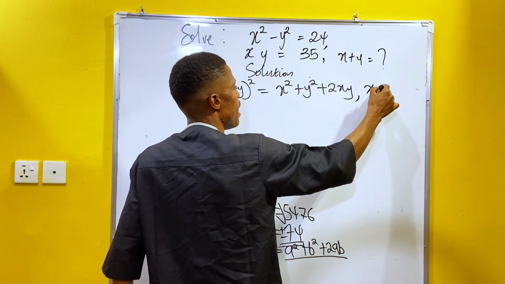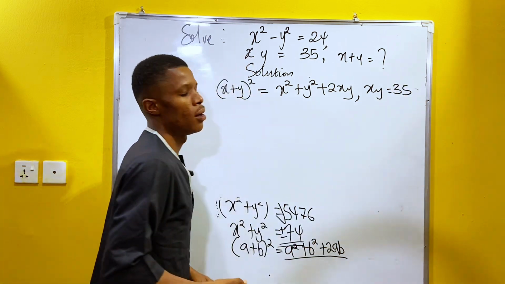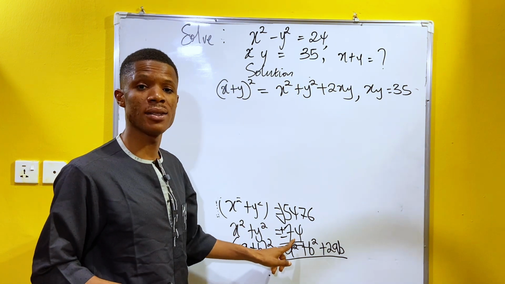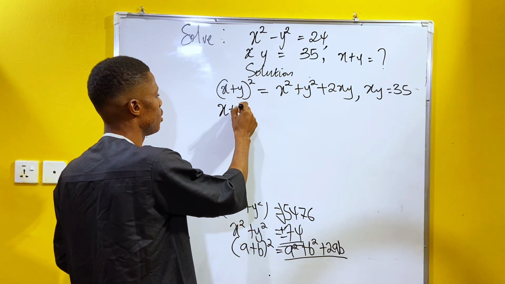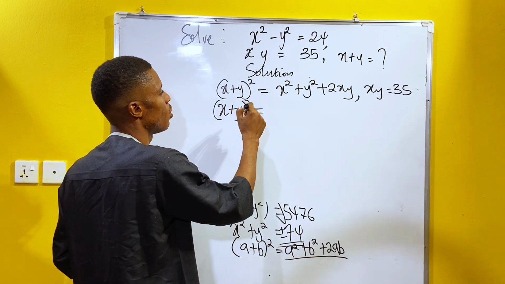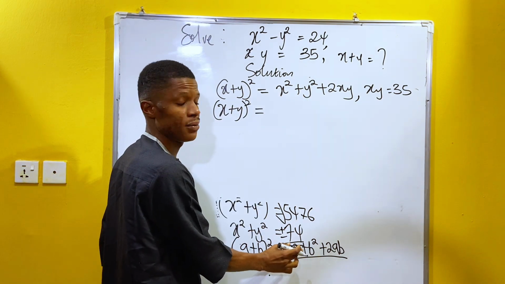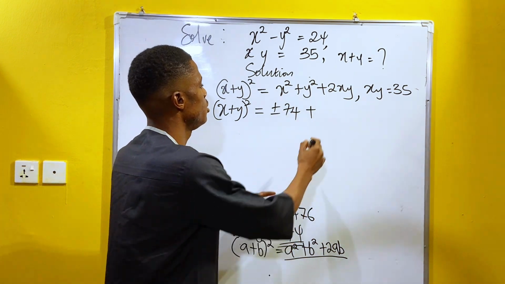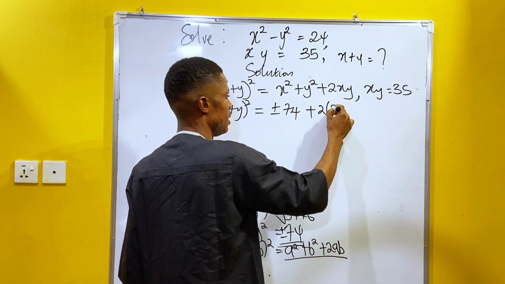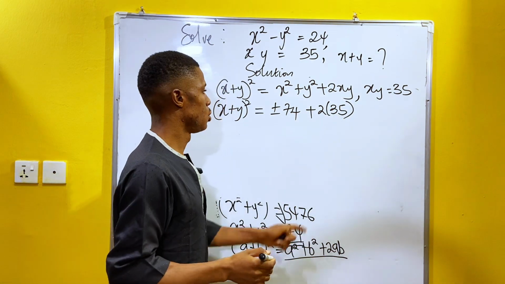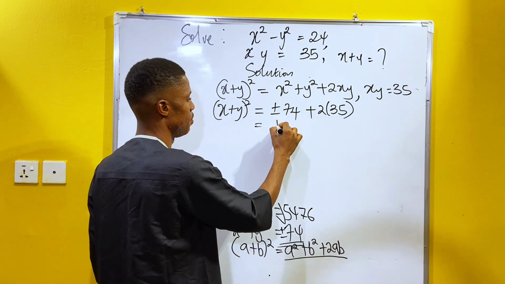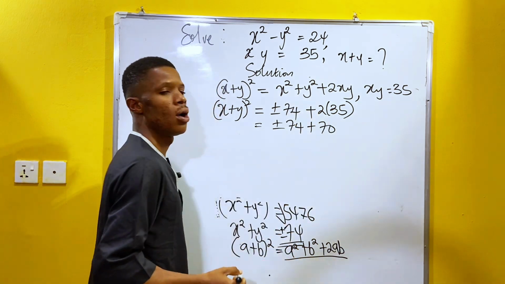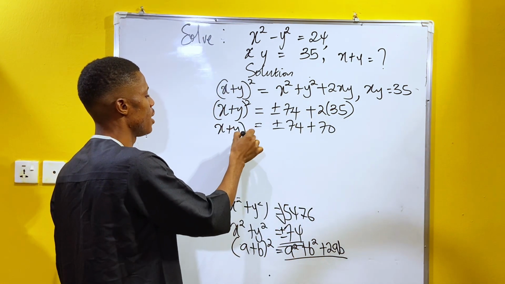So we have that x squared plus y squared is plus or minus 74. We can now write x plus y all squared is equal to plus or minus 74 plus 2 into 35. 2 into 35 is 70. We have it to be plus or minus 74 plus 70. That's the value for x plus y all squared.